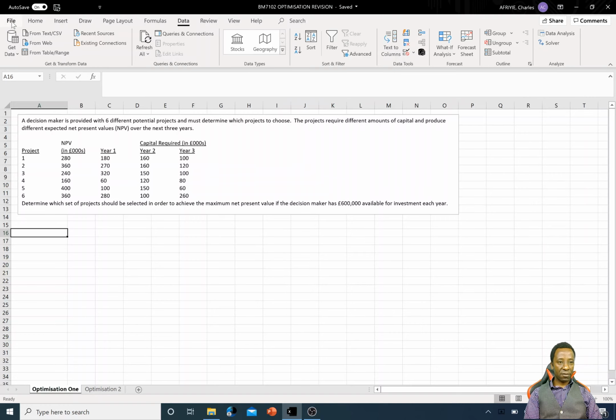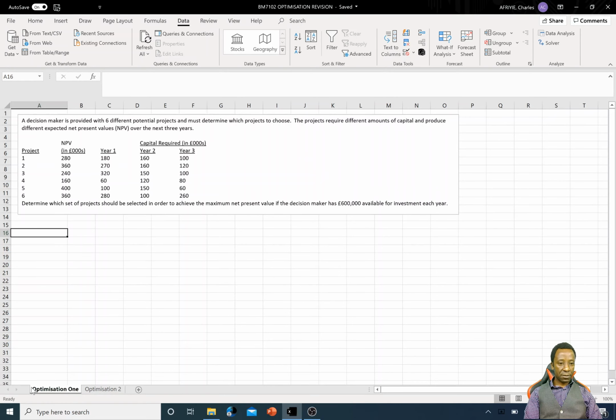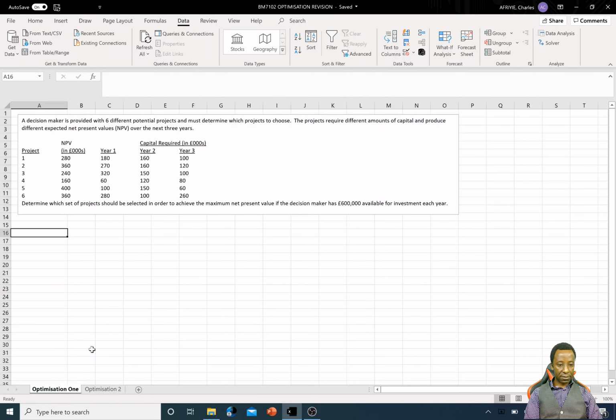If you remember, I went to File and I went to Options, come on. So File, Options, mine is switched on, so it's playing up. Anyway, so I hope you've switched your solver on, because we will need solver to set this up.